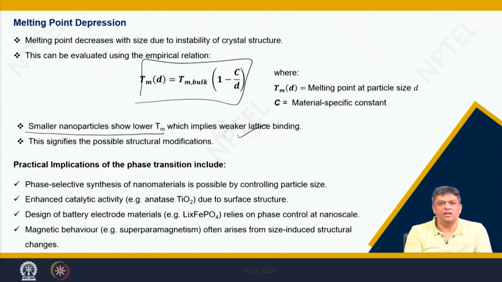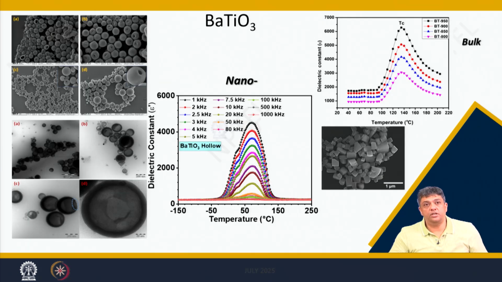This is because the lattice which is forming has weaker binding energy, and this means that you can have phase selective synthesis of nanomaterials, you can have enhanced catalytic activity, you can design and fabricate new types of electrochemical materials or even magnetic materials.